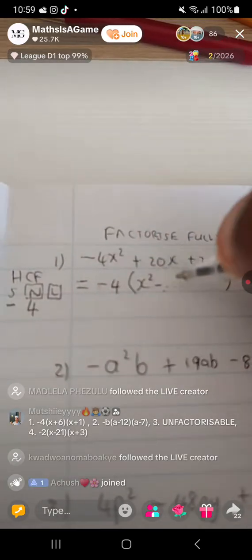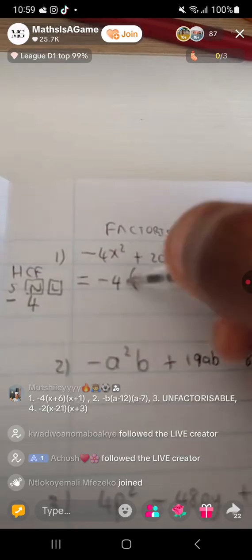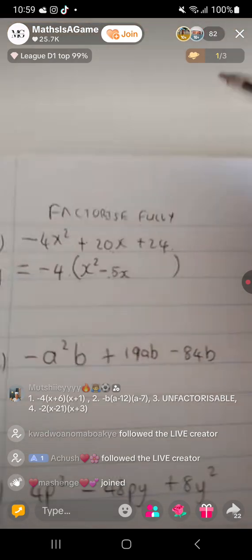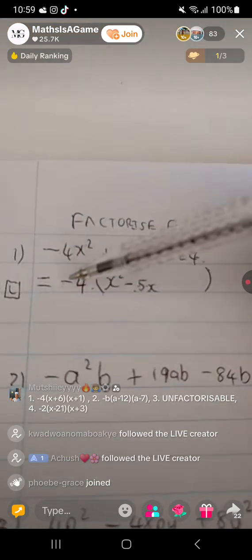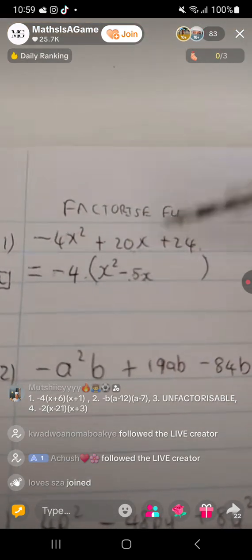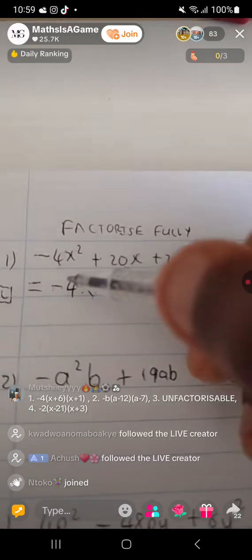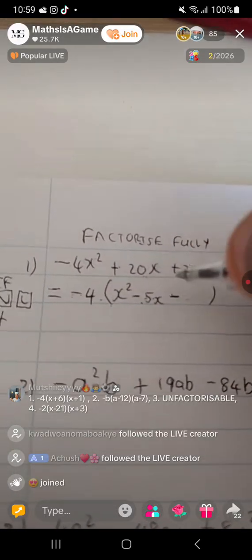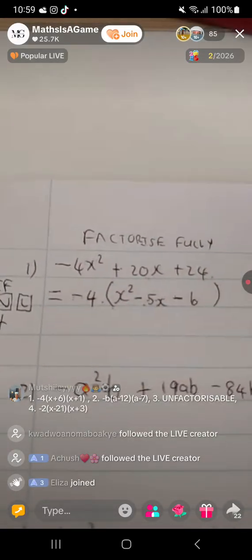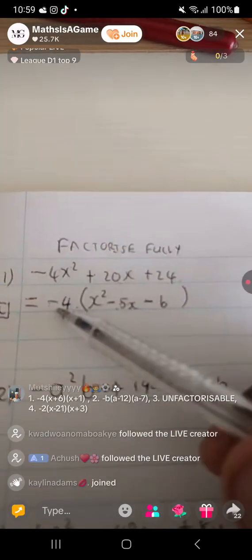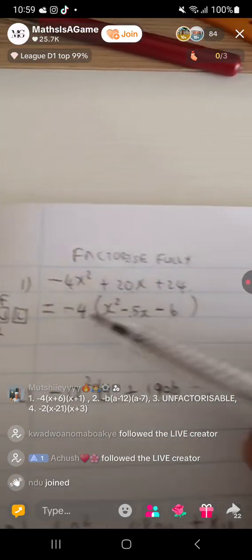And then 4 times what gives you 20? It is 5, then the x there. Next term, negative times what gives you a positive? It is a negative. Then 4 times what gives you 24? It is 6. So highest common factor we definitely have.